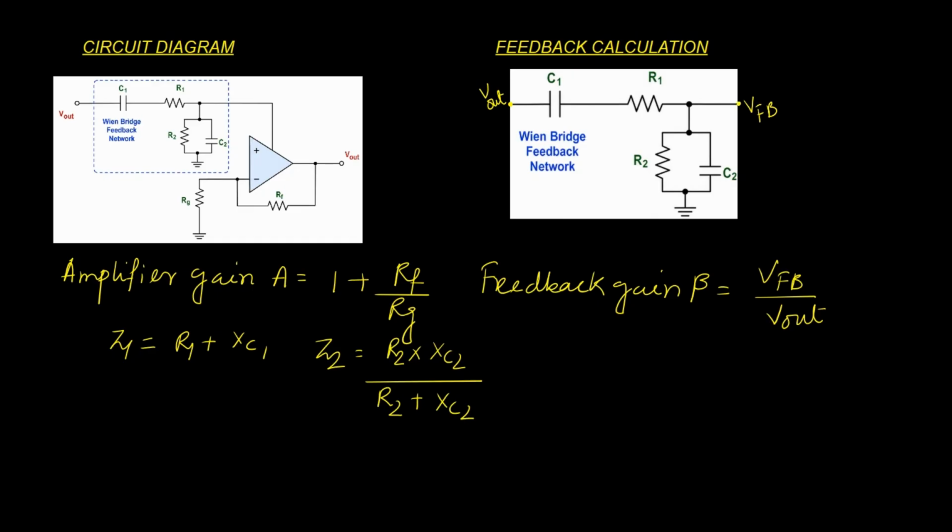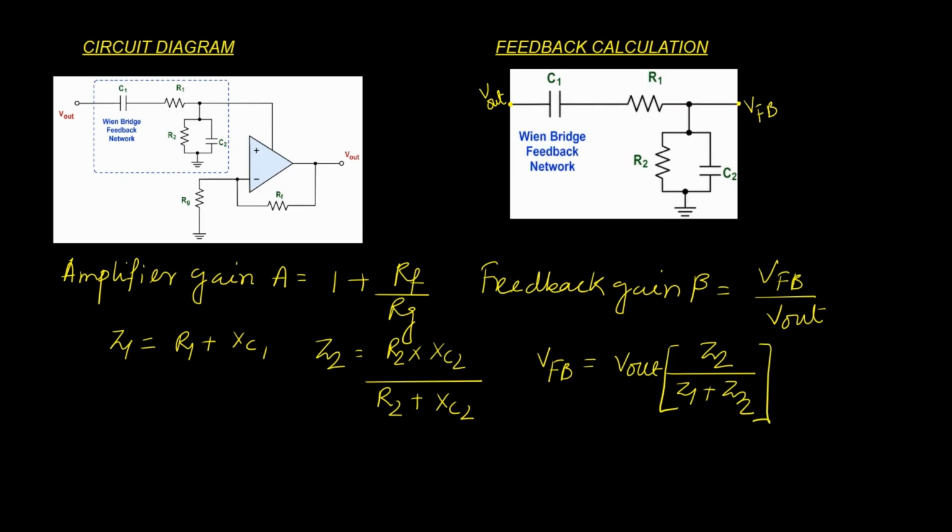And from the basic fundamentals of a circuit, from the voltage division rule, we can write VFB equals V out into Z2 by Z1 plus Z2.